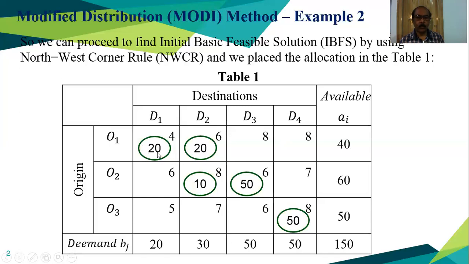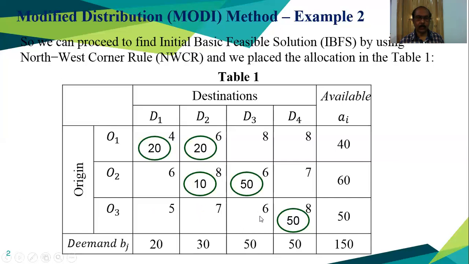We have to resolve it by allocating a small value epsilon, whose value lies between 0 and 1, in the least cost cell, but not forming a loop. We can allocate here, and if we allocate here, it is not forming a loop.